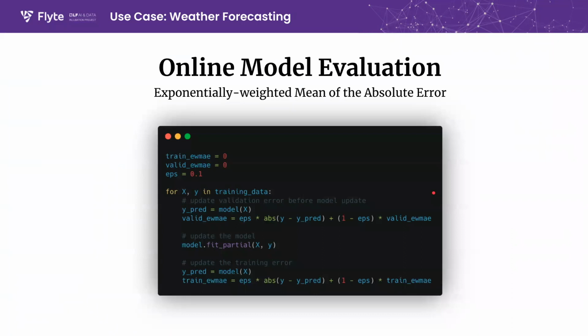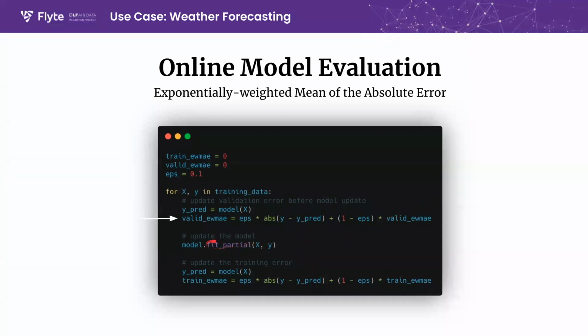And then finally, with the model evaluation piece, we want to compute training and validation error in an online fashion. This is kind of pseudocode that does this. Before we update the model at any given timestamp, we make a prediction given that model. Since the model hasn't been trained on it yet, this is validation error, right?